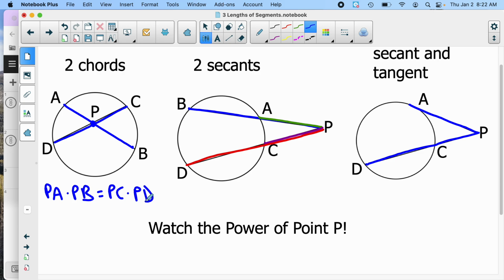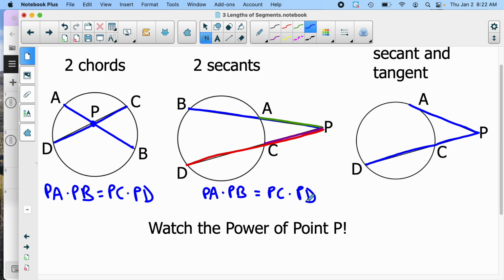The rule is the same for the 2 secants. My green segment, PA, multiplied by the blue length, PB, is the same as the purple segment, PC, multiplied by the whole red segment, PD. The power of that point.